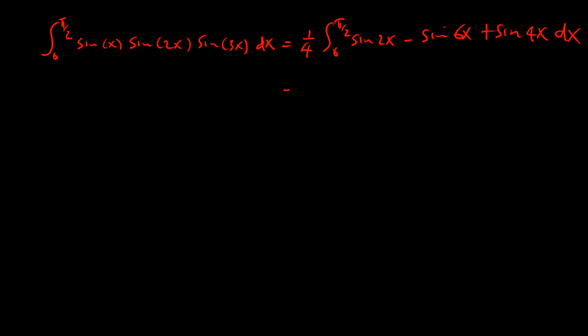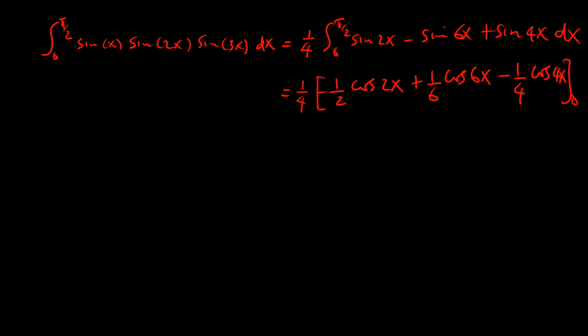This now equals a quarter times cosine 2x integrated, and since this is negative 1 over 6 cosine 6x, negative and negative, this becomes a positive cosine 6x, and this becomes a quarter cosine 4x, from 0 to pi over 2.